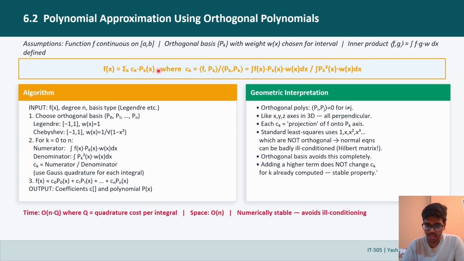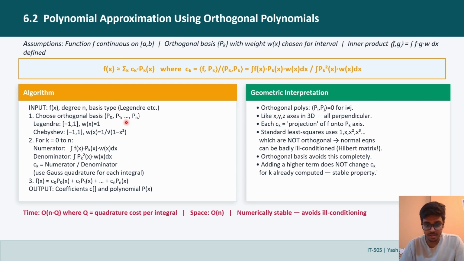So the formula: f of x is approximated by the sum of ck times pk of x from k equals 0 to n. Each coefficient ck equals the inner product of f and pk divided by the inner product of pk with itself. In terms of integrals, ck equals the integral of f of x times pk of x times w of x dx, divided by the integral of pk squared times w of x dx.